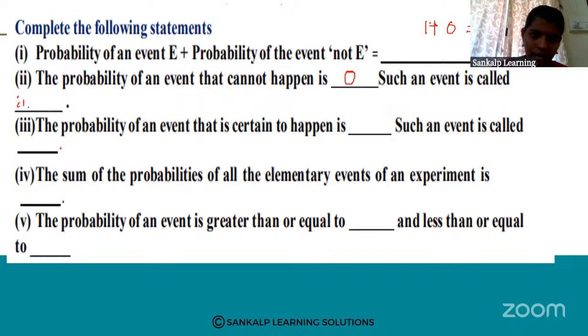What do they call it? Impossible event. The probability of an event that is certain to happen is 1. Such an event is called a sure event. What do we call it? Certain to happen. Okay, that is a sure event.